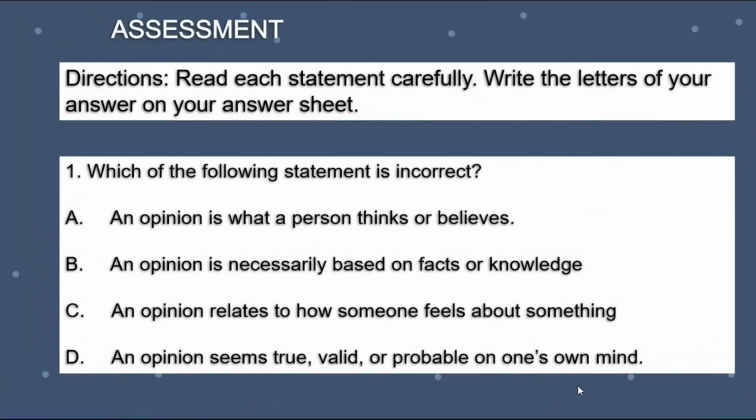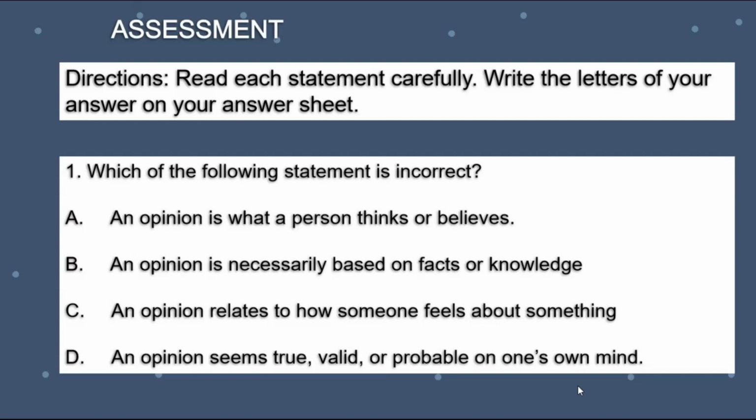Great, now let's move on to the assessment. So direction. Read each statement carefully. Write the letters of your answer on your answer sheet. Question number 1. Which of the following statement is incorrect? A. An opinion is what a person thinks or believes. B. An opinion is necessarily based on facts or knowledge.